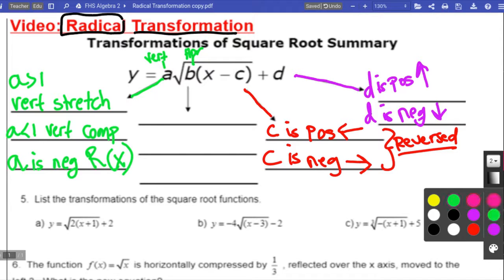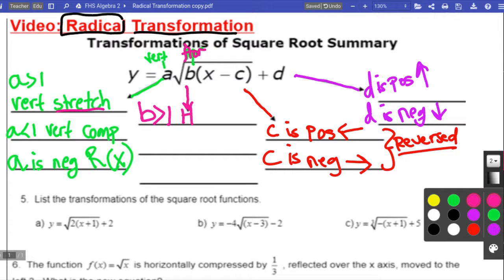All right, now let's talk about the B that I kept for last. The reason why I kept it for last is because I feel like we haven't really explored much of the horizontal shift. Let me just do a recap, or maybe it could be new for some of y'all. With B, it's the same thing as vertical, but it's going to be different. When B is greater than 1, earlier I said it should be a vertical stretch.